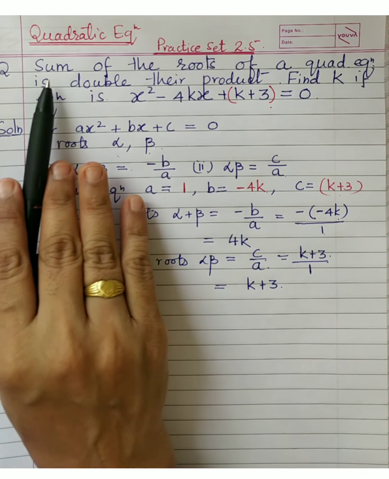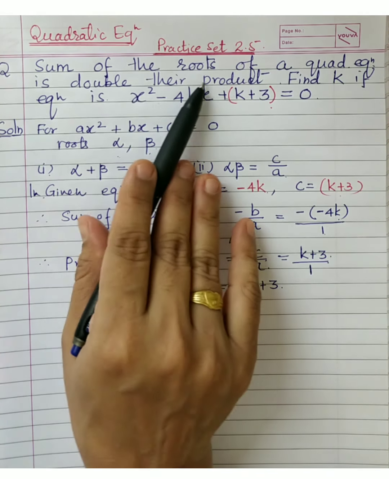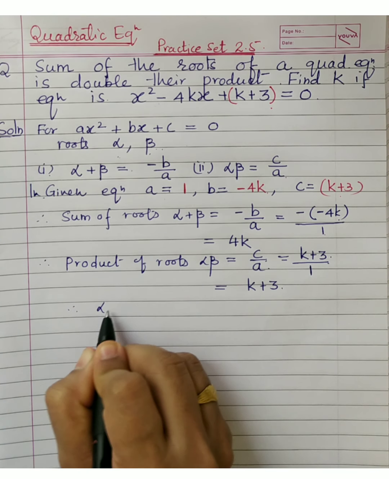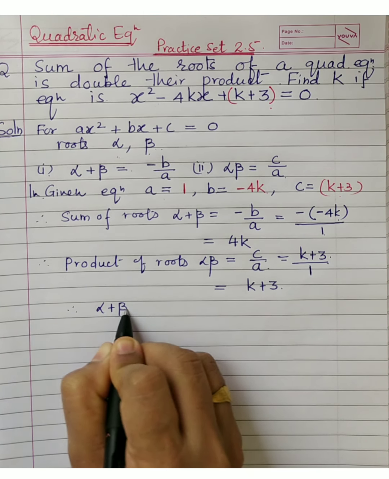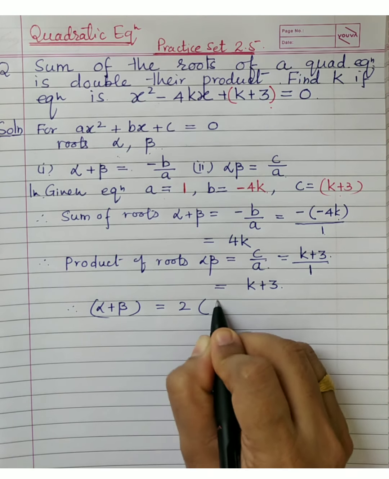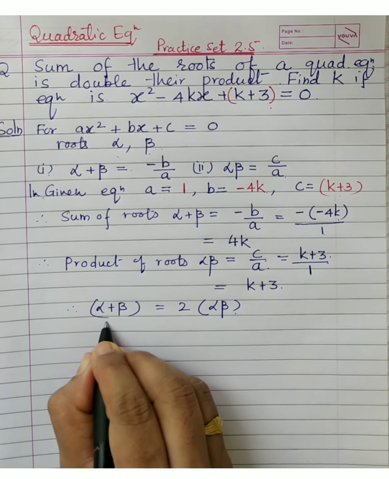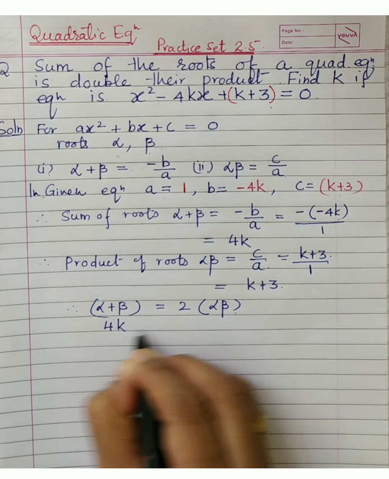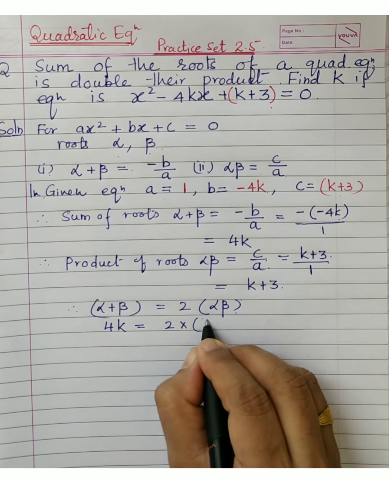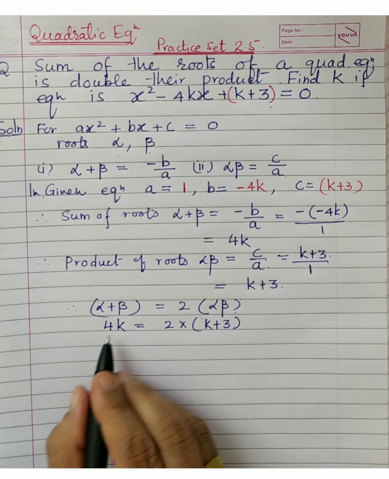Now go to the question. What is the statement saying? The sum of the roots of this equation is double their product. So the sum of the roots, alpha + beta, is equal to double, multiplied by 2, the product of the roots. Alpha + beta, what we have calculated, 4k, is equal to 2 into alpha × beta, which is k + 3. It's a binomial, so immediately put the bracket.